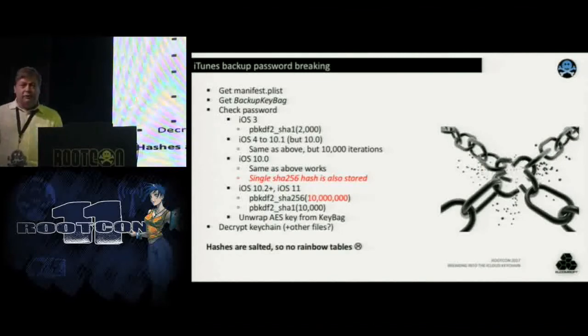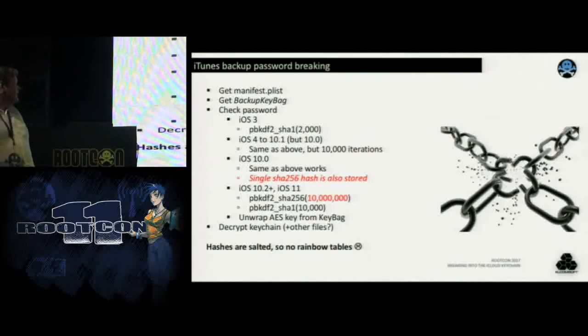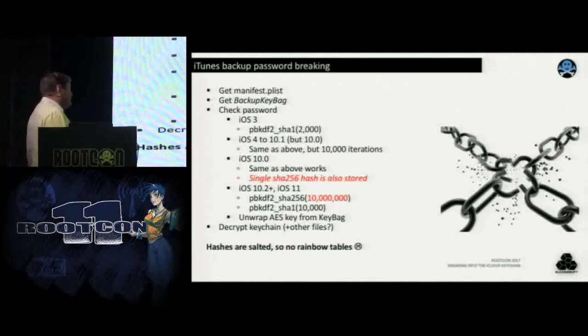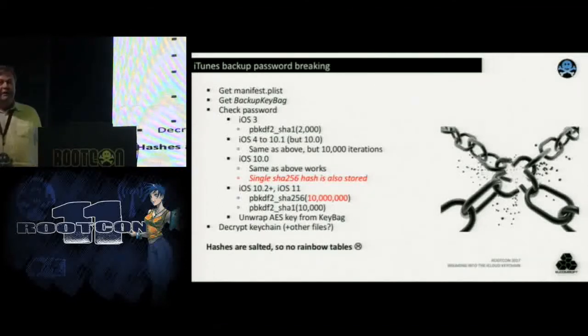They kept the old password hash in the backup, but they also kept in the backup a very simple to break hash with only a single SHA-256 iteration. And the speed, even on the CPU, was billions of passwords per second. So virtually any password it was possible to break in a very reasonable time.